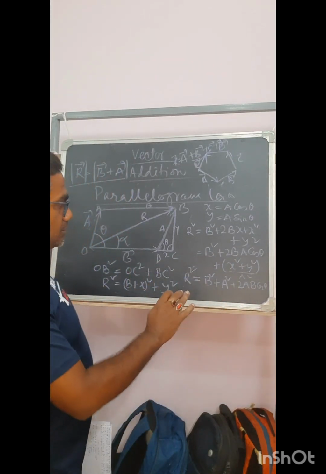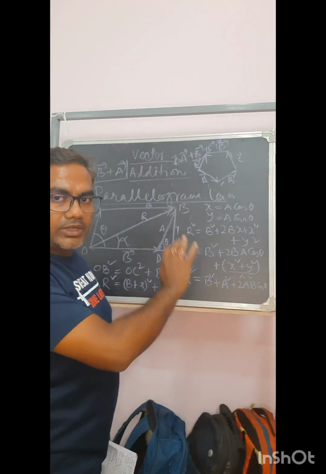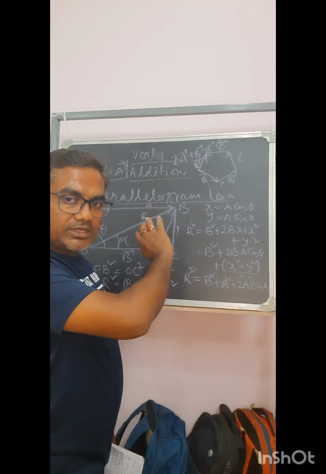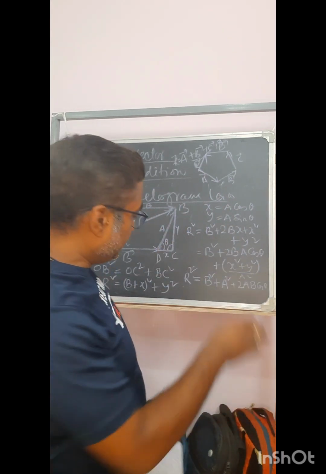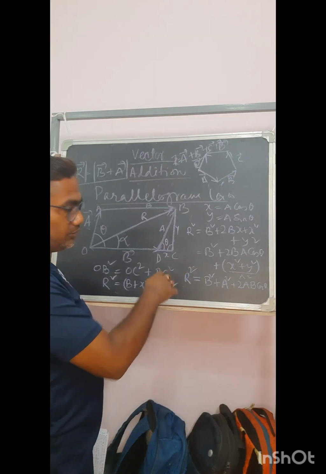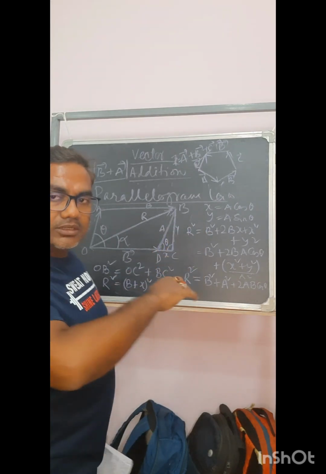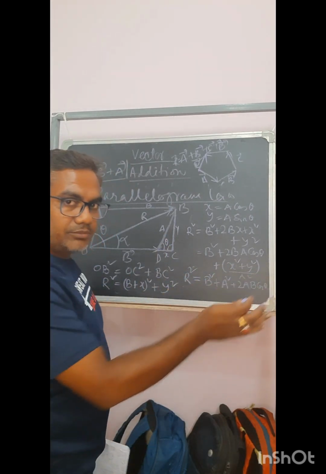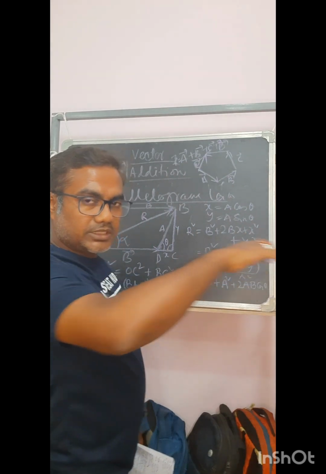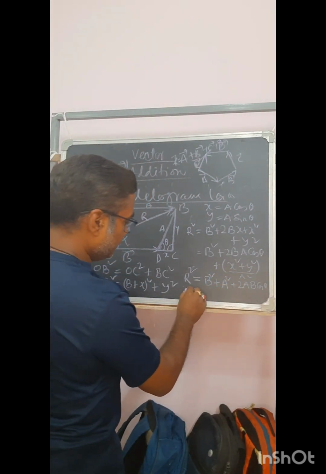I am just considering the other way, following this rule, how to add vectors with the unit vectors that I have shown. Here I am showing you the parallelogram law, or its conversion to the triangular and polygonal law. This is totally different, but if you do that also, the result will come the same. So this is another process of doing it.